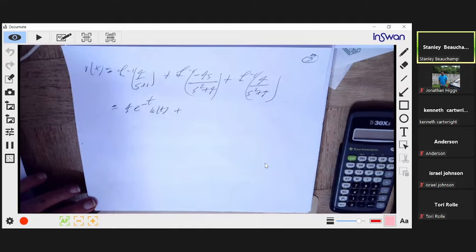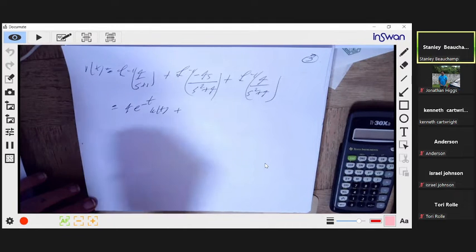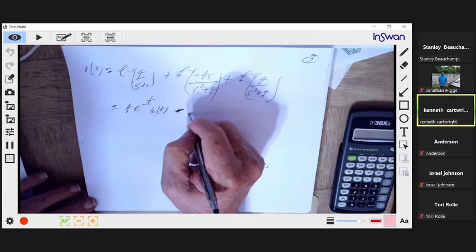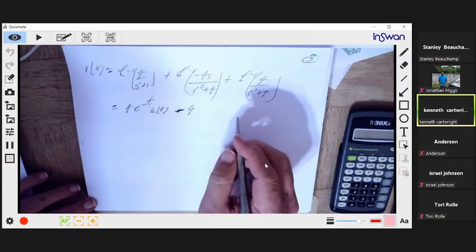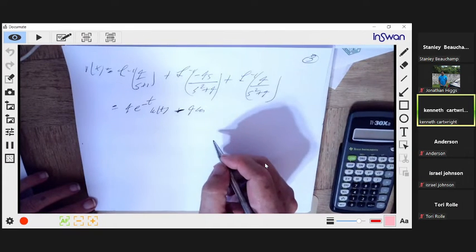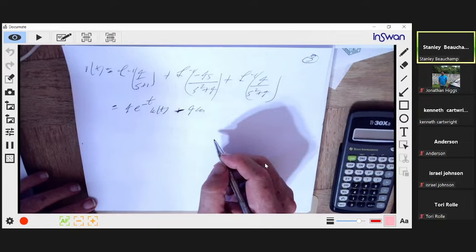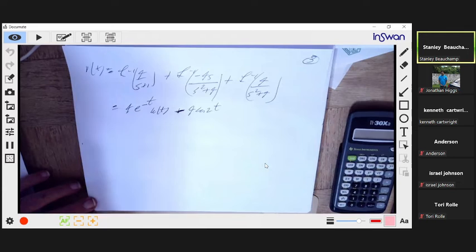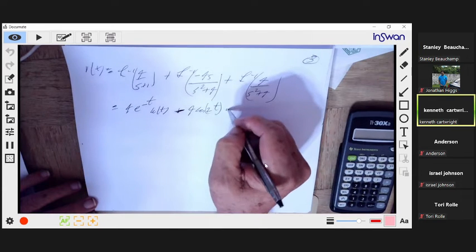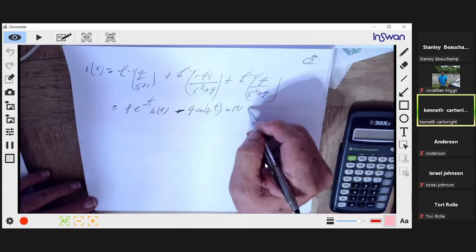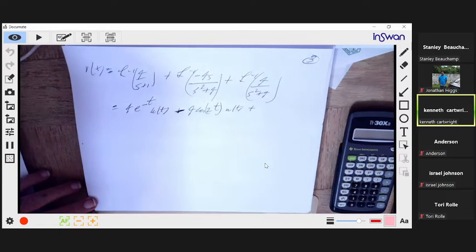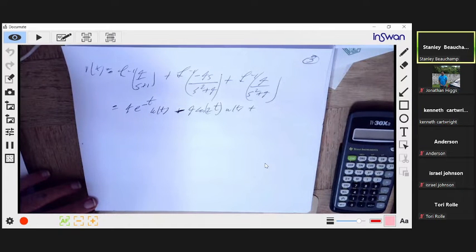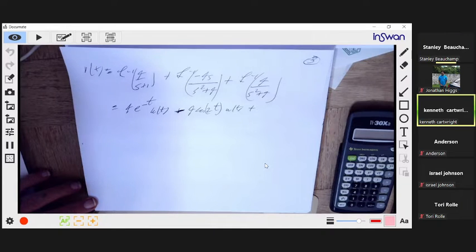That'll be 4 cosine. No, -4. Yeah, -4 cosine what? 2t. 2t. Good for you. And again, that'd be times u of t. And what's the last one? That'll be plus the same thing. Plus 4 cosine 2t u of t.